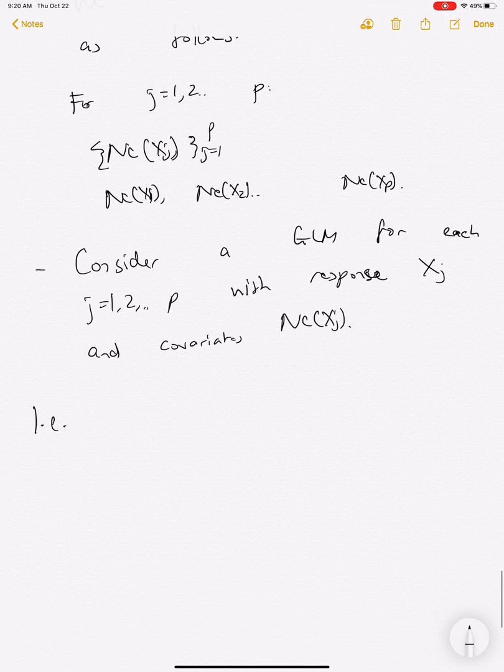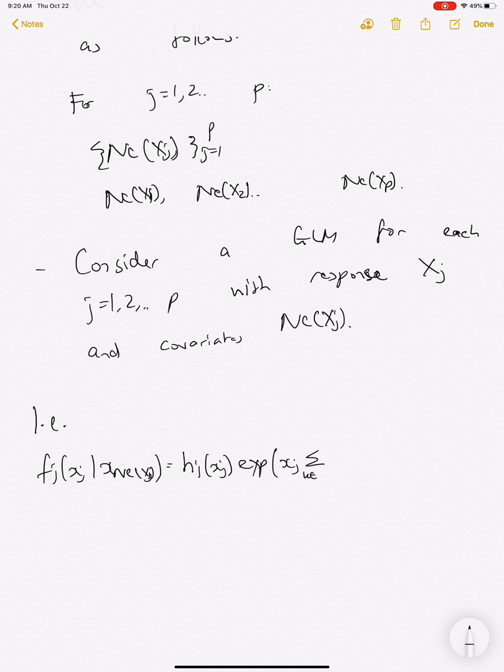That is, fj of xj given x neighbors of xj equals a lot like what we see for the DAG, but with the parents replaced by neighbors. We can use the GLM exponential family form.